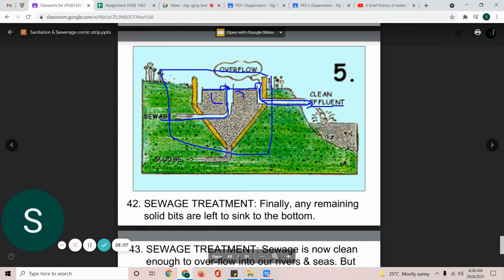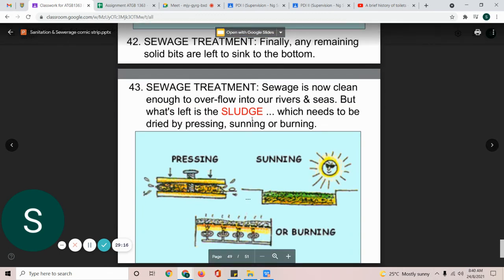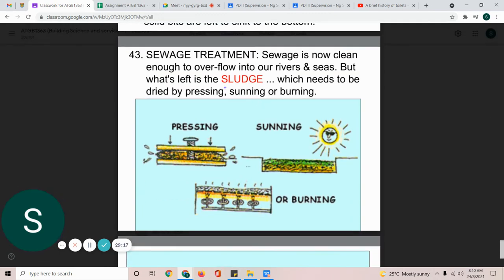Okay, so here at the bottom, it will be the settlement of any sludge or any suspended particles, and then it can be discharged, and this can actually be used as a fertilizer. So this sludge, we want to maybe dry it, and then we can use it as a biofuel.